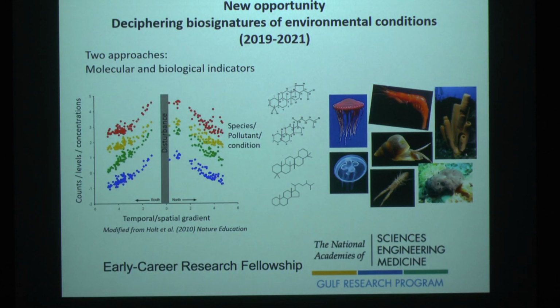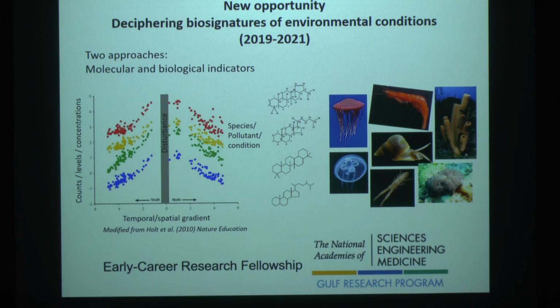Also, a second opportunity that I recently got is to look at biosignatures and environmental conditions. And this is not only oil spill, this is anything that you want, and this diagram is just representing that. You can look at counts, levels, concentrations, temporal and spatial gradients, but you can choose different species or different contaminants, and you can use the same exercise to understand, and you can use signatures of processes or signatures of contamination events in the environment.